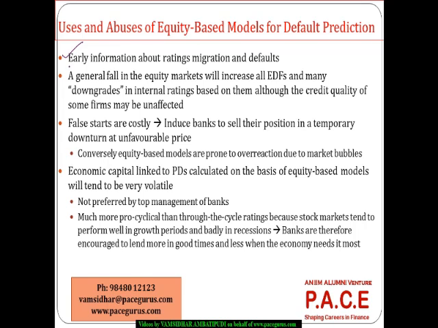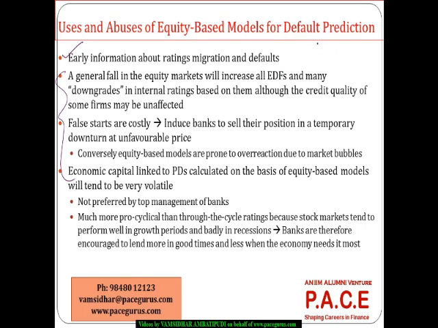When is it shifting from one aspect to the other? So there could be early information because the equity prices change daily. A lot of things change on a regular basis. But at the same time, let's assume that the equity markets are falling. What will happen if the equity markets are falling?